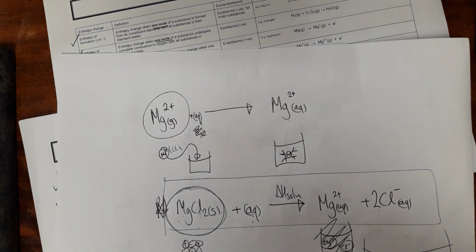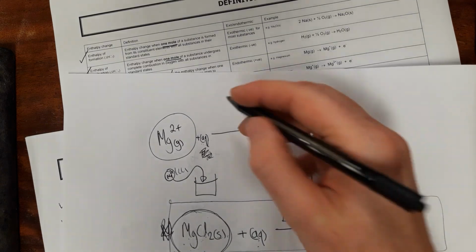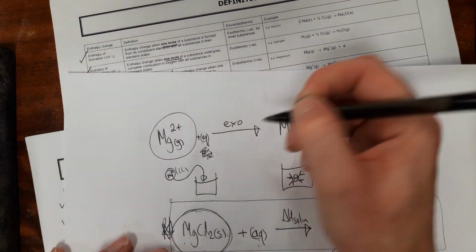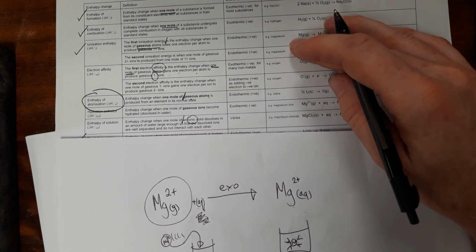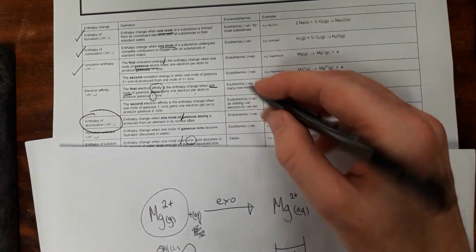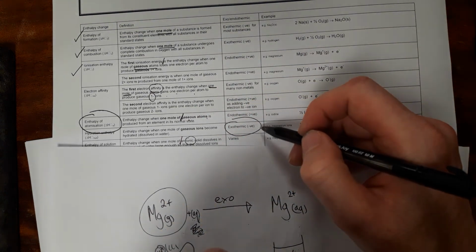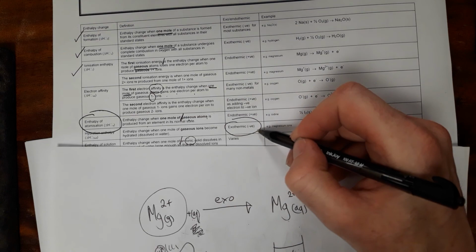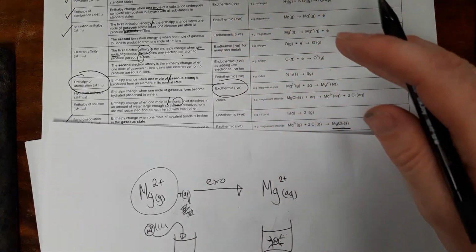If it's forming bonds or forming attractions, that means that it's going to be exothermic, because bonds are forming or attractions are forming. So you can see there, exothermic. When bonds are formed or attractions are formed, it gives out heat. If you're breaking bonds, it takes in heat.